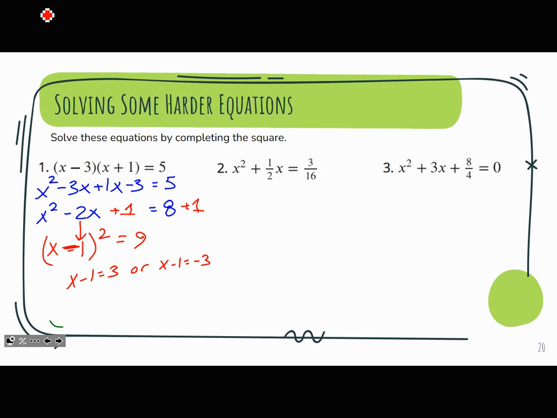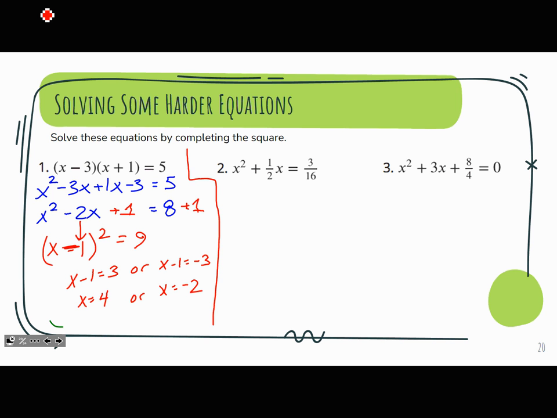And then from there, I'll just add 1 in both equations. So I get x equals 4, or x equals negative 3 plus 1, negative 2. And that works. And you can go back and find that those numbers actually work. You get 1 times 5 equals 5, or negative 5 times negative 1 equals 5. Okay, excellent.